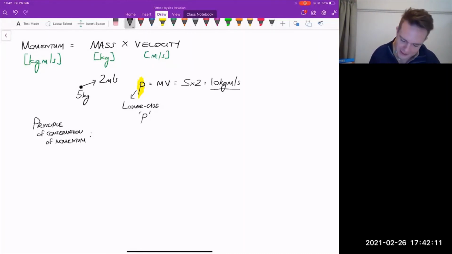The principle of conservation of momentum: there are two ways of stating it. Usually you'll see it quoted about before and after a collision.